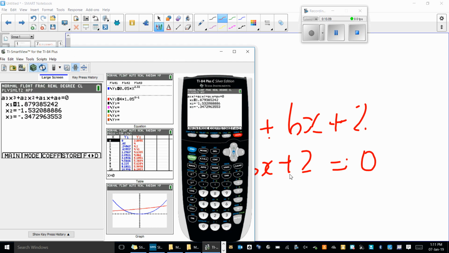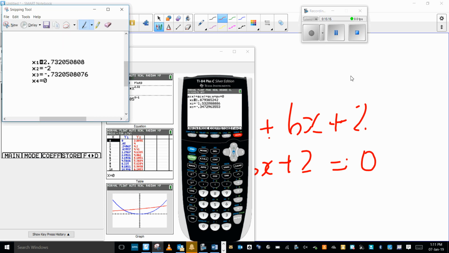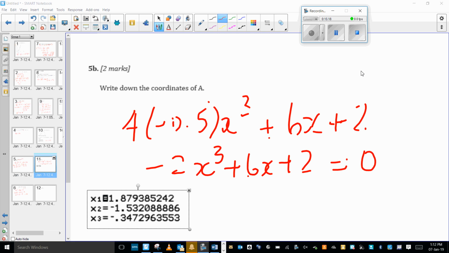I'm going to solve that, and we're going to snip it. Obviously these two values are negative and we're only in the positive, so x has a value of 1.88, and then we're going to substitute that into the expression to find y.